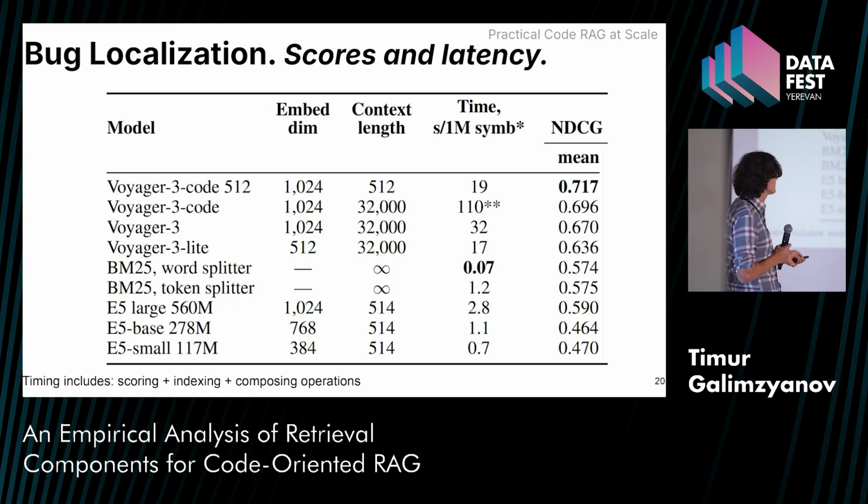Time here, you see BM25 is very, very fast, while Voyage has very large latency, but we have to say that we included indexing in these latency times too. Even the more moderate dense encoder takes about 40 times longer to respond with approximately the same accuracy.